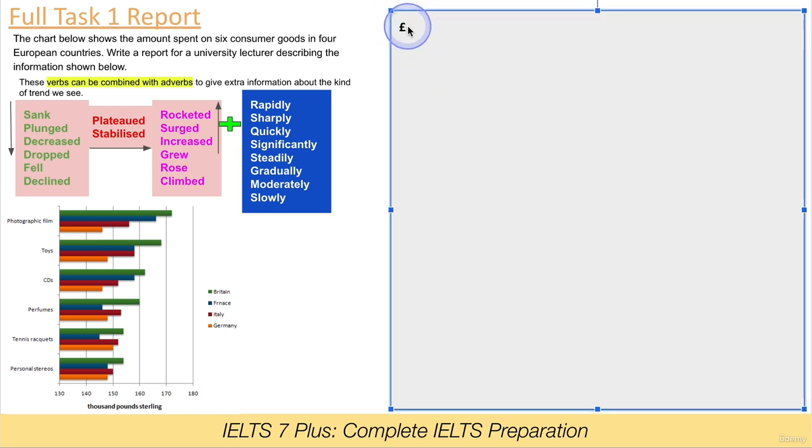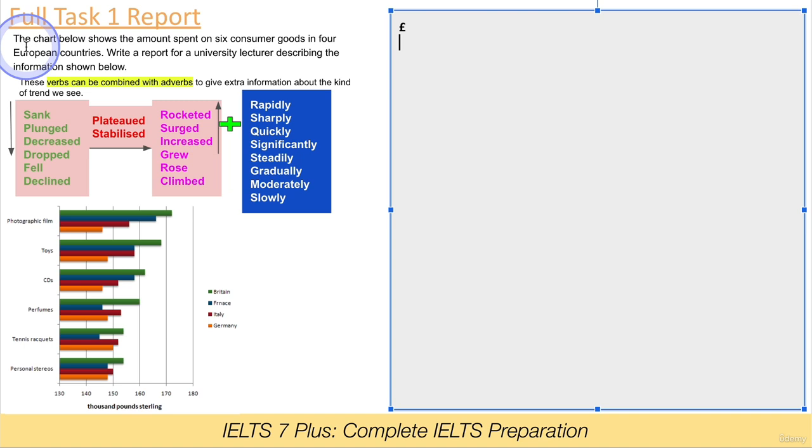Okay, so I've also put a pound sign here because I don't have that key on my computer, so that is just there for me to copy and paste to save time with this question. Okay. Right, so let's have a think then. What's the first thing we need to do?